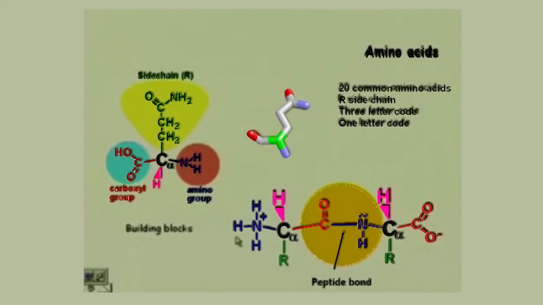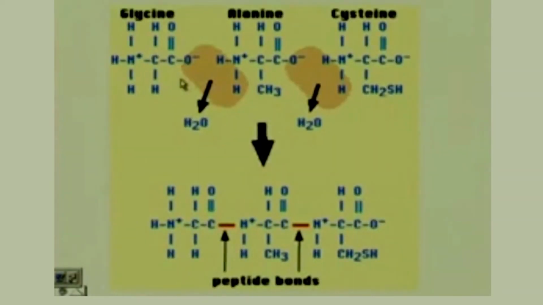So, we have an amino terminal and a carboxylic acid terminal, and the first amino acid is the one that always has the NH3 plus attached to it, and the last amino acid in a protein chain is the one that has the COO minus attached to it. So, this is a dipeptide linked by a peptide bond. There are certain features of the peptide bond unique to protein structure that we will study in later classes.